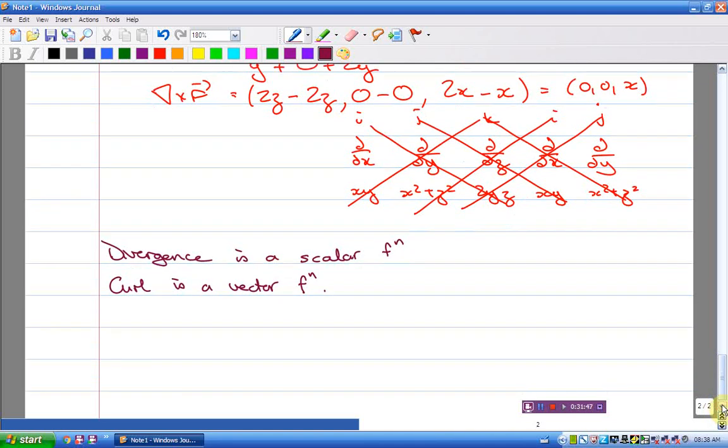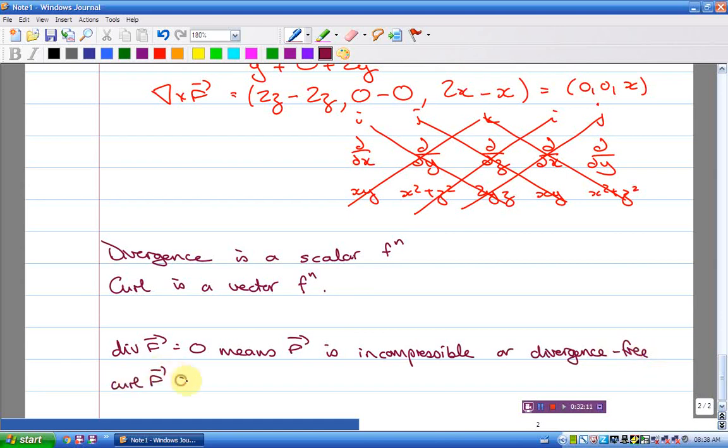Okay, a few little interesting facts. Div f equaling 0 means f is, and the words that are used are incompressible or divergence free. Just some language.